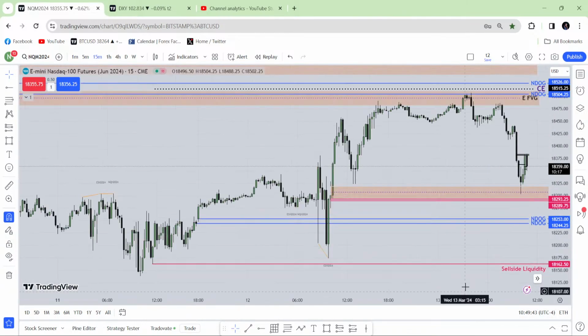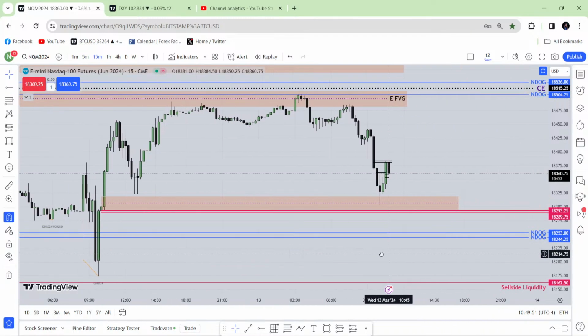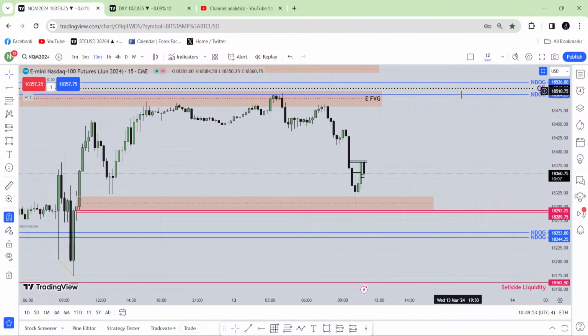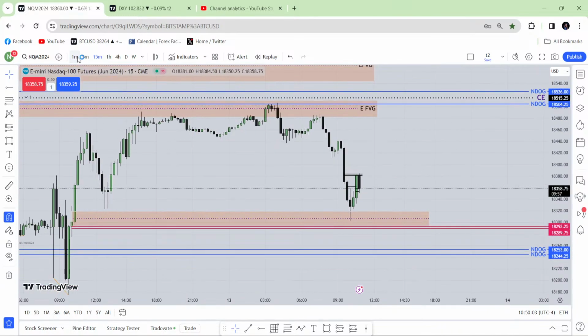Over here, I have that new day opening gap. This is the only new day opening gap I need. There is a new week opening gap, but when the new day opening gap is broken, I will mark the new week opening gap. Until then I don't need it.